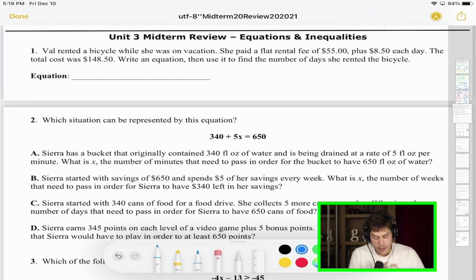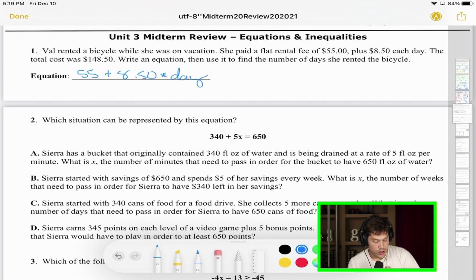Okay, Val rented a bike while she was on vacation. She paid a flat rental fee of $55. Okay, so we're going to be writing an equation. So she paid $55 plus she paid $8.50 times every day she had the bike.